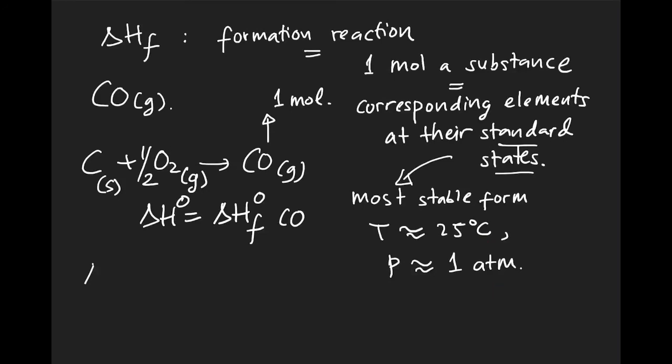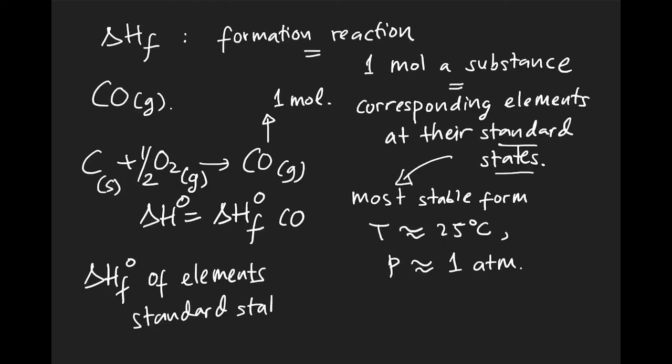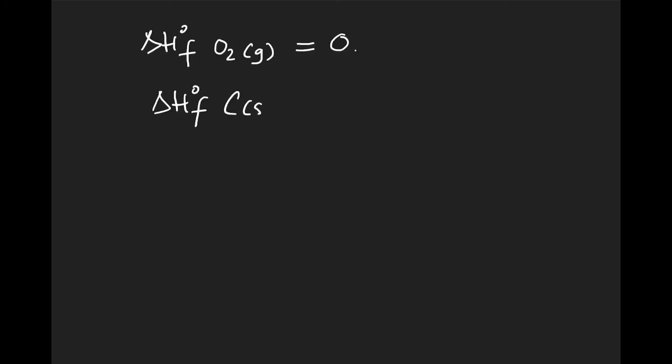Now, the delta HF of elements at their standard state will always be equal to 0. Delta HF for oxygen gas will be 0. Delta HF of carbon solid would also be 0.